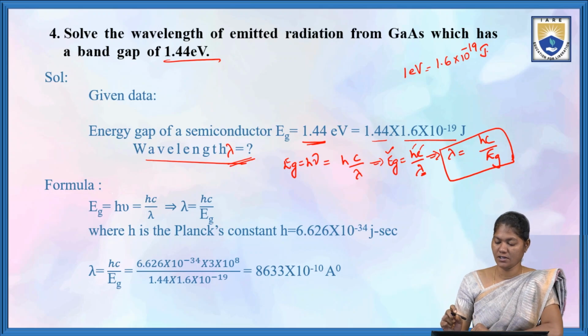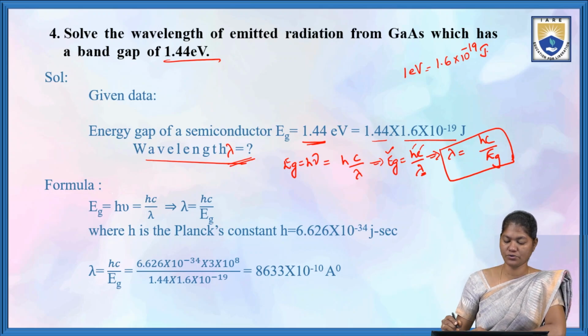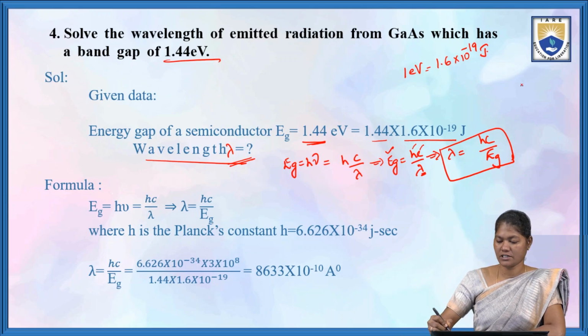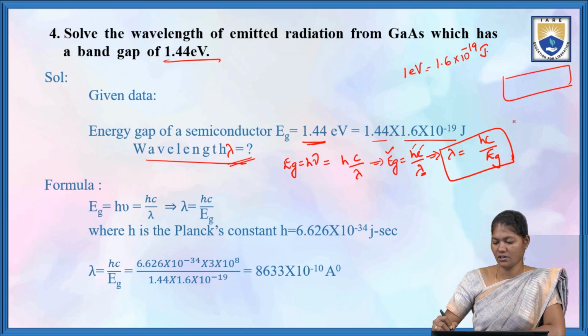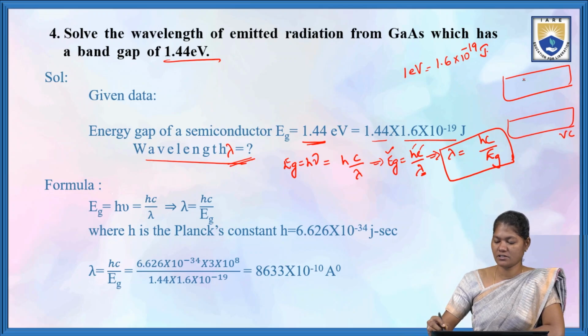Eg is the energy gap of a semiconductor. As you know, in a semiconductor we have the valency band and the conduction band. The lower band is the valency band, and the excited energy levels are in the conduction band.